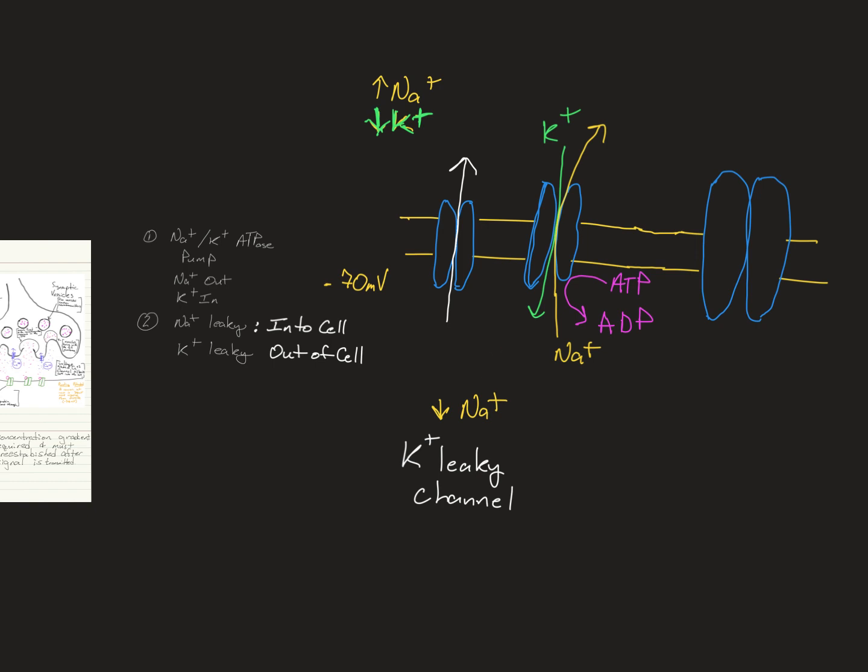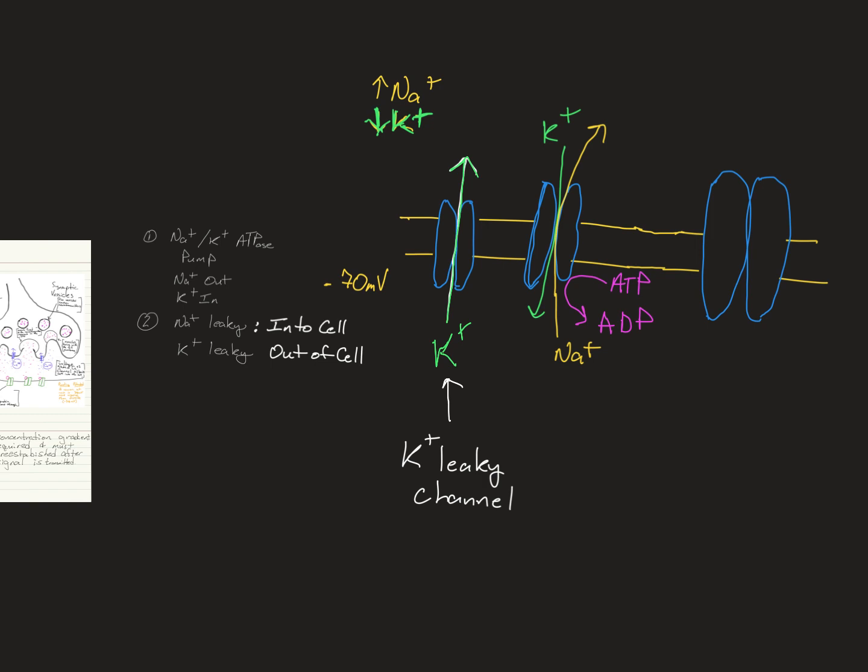Here the potassium is moving out. It's following the concentration gradient, which is high to low. And remember that this is the leaky channel for potassium.